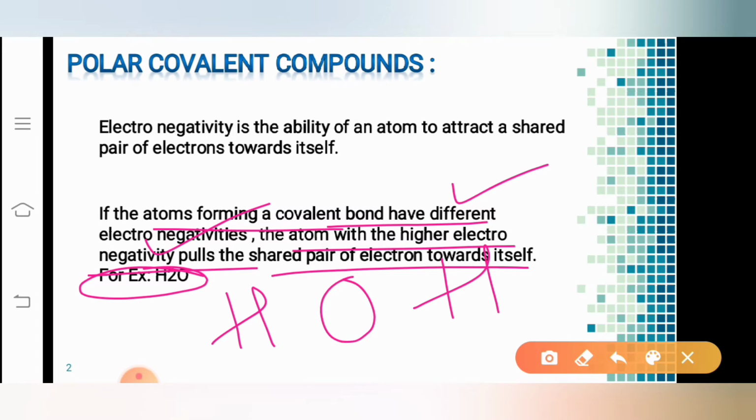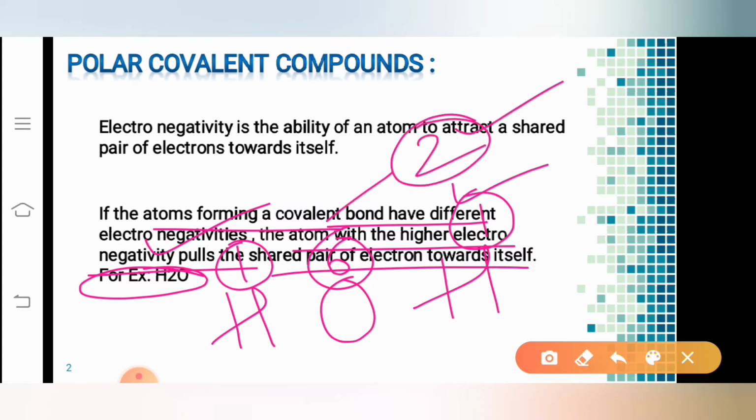And you know the valency of oxygen is 6 and the valency of hydrogen is 1. So here, as oxygen has 6 valence electrons, it needs only 2 electrons. So here, oxygen has higher electronegativity. And when I talk about hydrogen, it needs only one more electron. As it already has one electron, it needs only one more electron. Correct? It has the lower electronegativity.